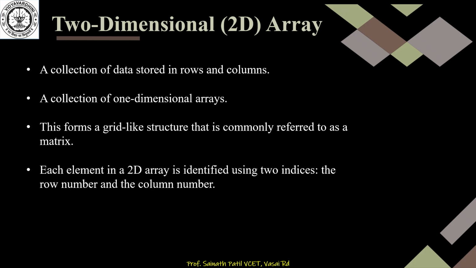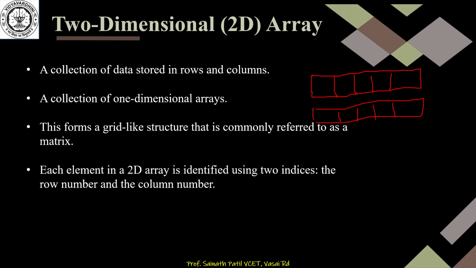It is a collection of data that is stored in rows and columns, or it is a collection of 1D arrays. That means we have a 1D array like this. This is array 1, which has some particular numbers. We have one more array that has a similar number of elements.